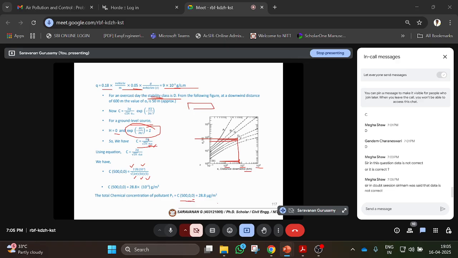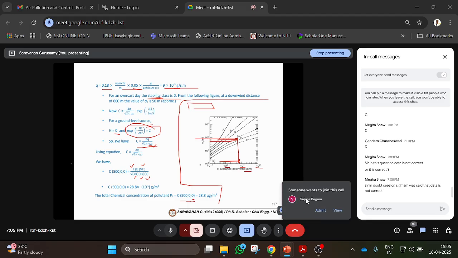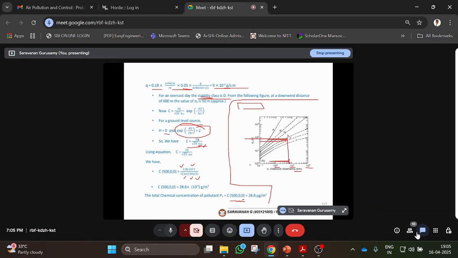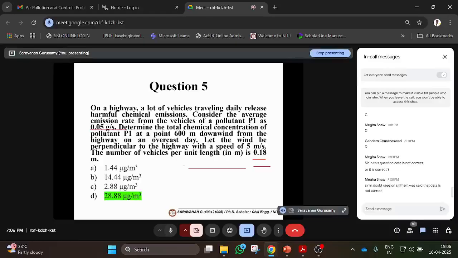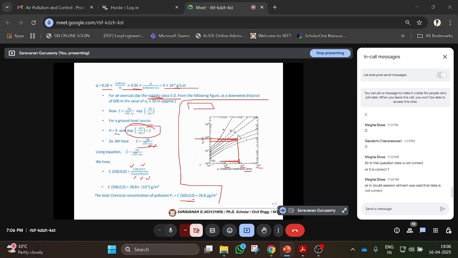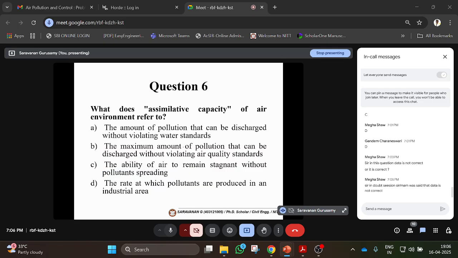I think the question is clear now. We have solved this, right? 0.6 kilometer, we have taken 1, 2, 3, 4, 5, 6, so 0.6 along D gives 50. It's correct actually. The answers are correct. The data is correct.